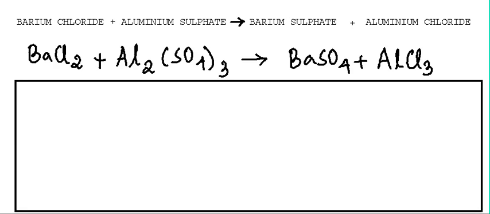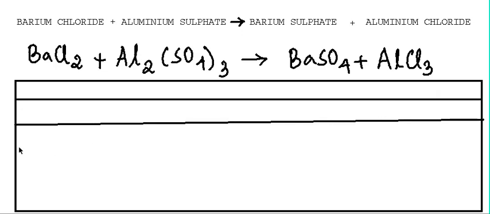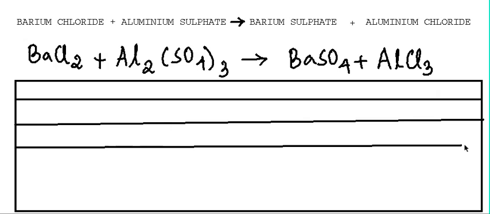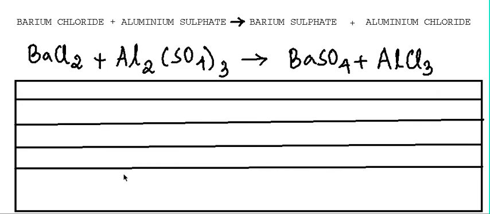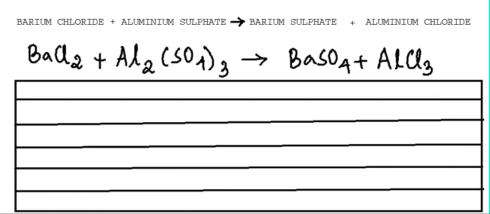We have many elements in this equation, so we'll make small blocks. We have barium, then aluminium, then chlorine, sulfur, oxygen.